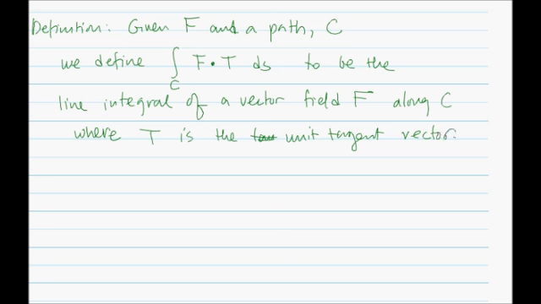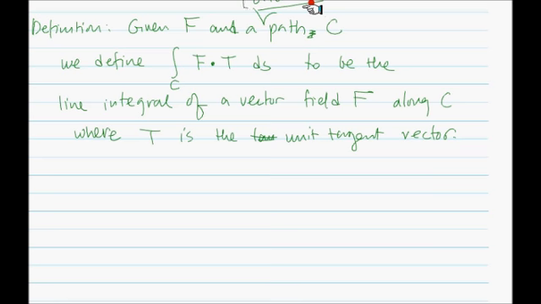If you put it like this, one thing that's unclear is T. F is clear, and the curve C is given. But when you think about the unit tangent vector, you don't need a parameterization to identify it, but you need at least the orientation. So given F and a path C, it should be an oriented path. That's an important part.